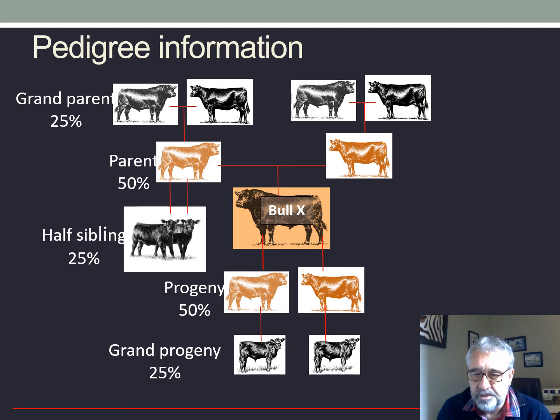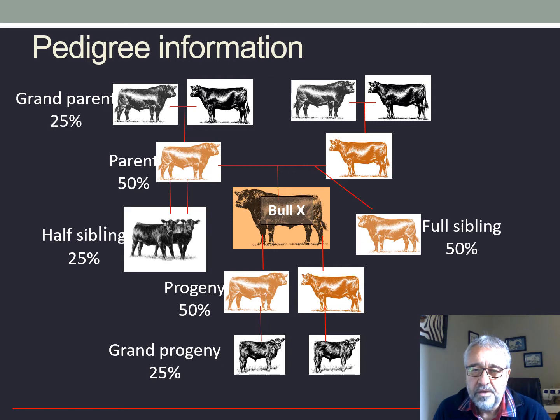On average, he would share 25% of his genetic makeup, or his genotype, with each of these half sibs. And when it's full sibs, like litters in pigs, or twins or triplets in sheep, such an animal will on average share 50% with his full sibs.